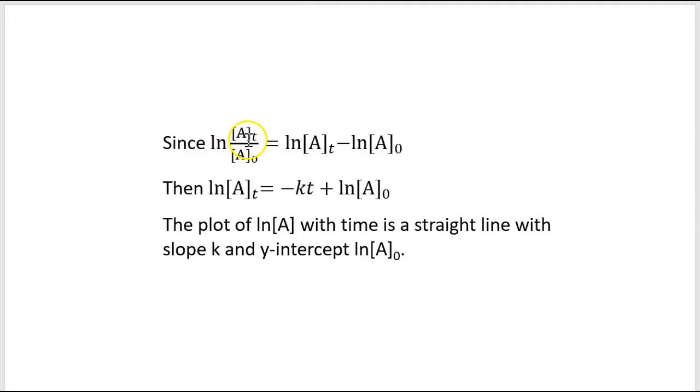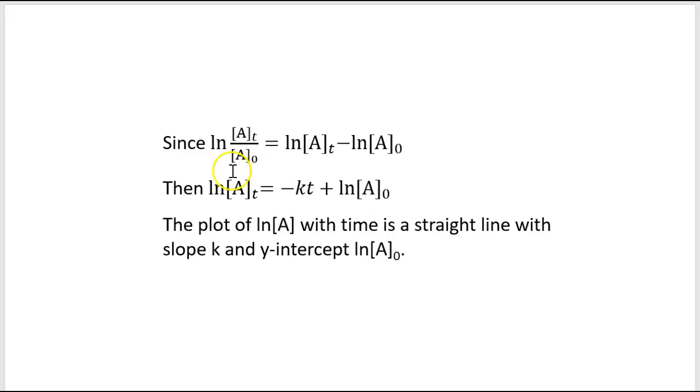So ln A sub t over A sub 0 is equal to ln A sub t minus ln A sub 0. We can rearrange this and substitute for the fact that this is also equal to negative kt in order to get this expression here, which is that the natural log of the concentration at some time t is equal to negative kt plus the natural log of the initial concentration.